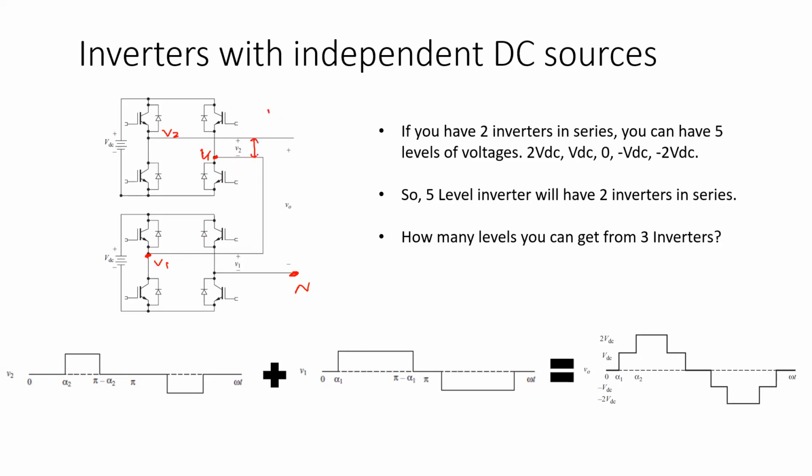This gap is actually V2. So the output that comes here will be V1 plus V2. Okay, I hope everybody can understand. So this part is V2. Ignore this one. So multi-level means you have several inverters in series. Okay, that's the definition of it.